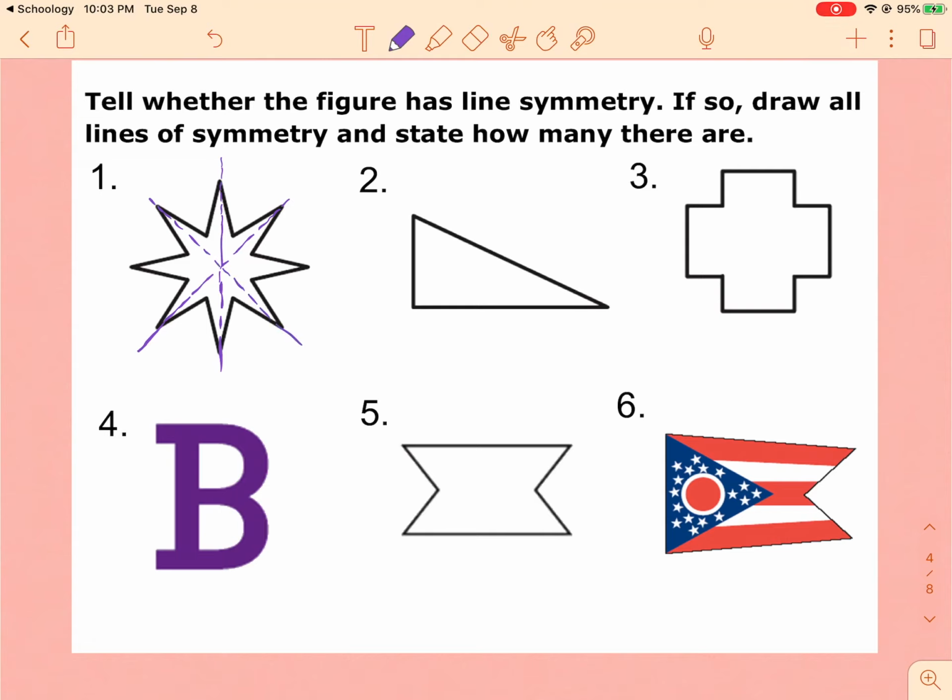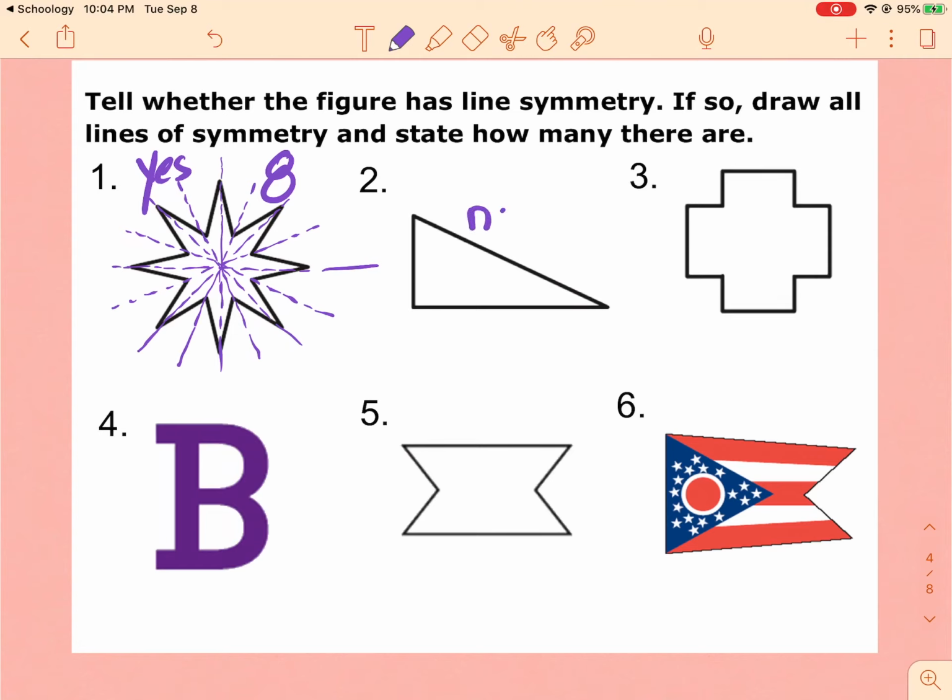These are all different ways that we can fold it in order to have the exact same image. Those four are the most common, but what if I told you that there's four more? You would have forgotten there, here, there, and here. So there's actually a total of 8. So yes, there's line symmetry, and then there's 8 different lines.